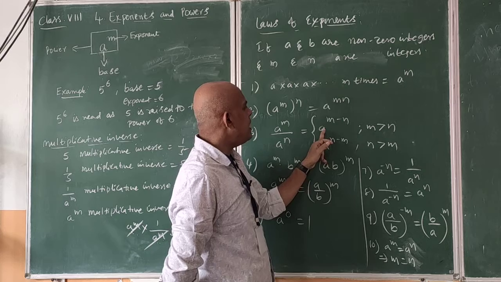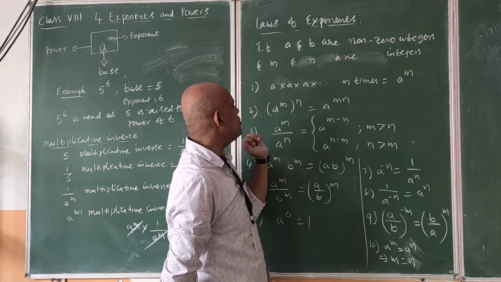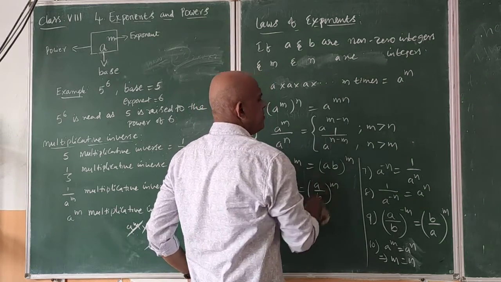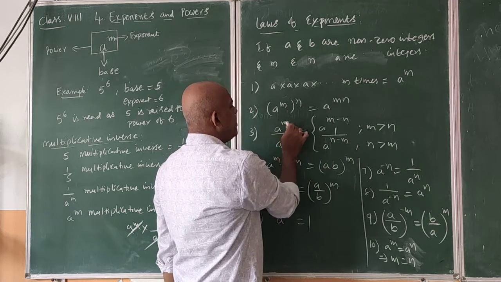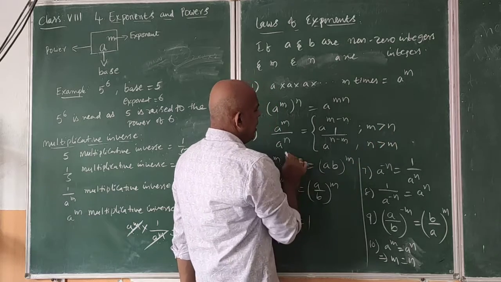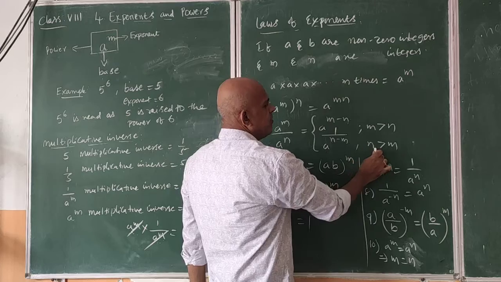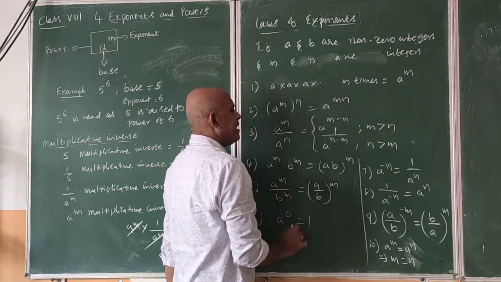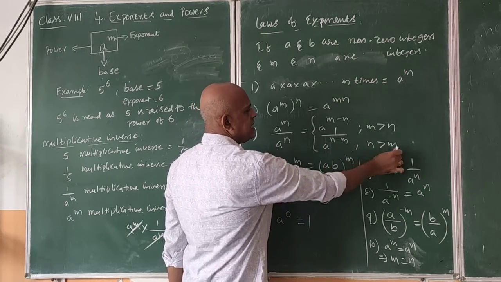Then we use the formula a power m minus n. When the denominator exponent is greater than the numerator exponent, then we write it as 1 by a power n minus m, where n is greater than m.